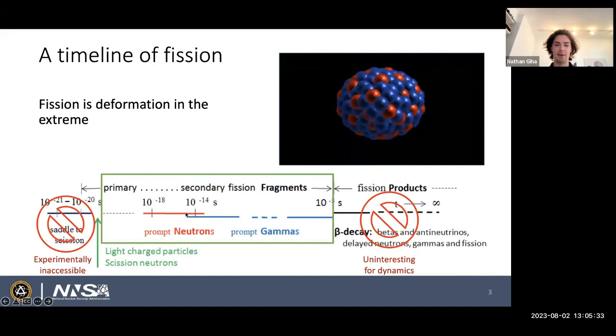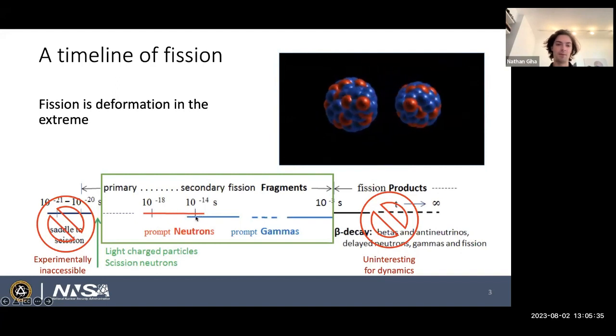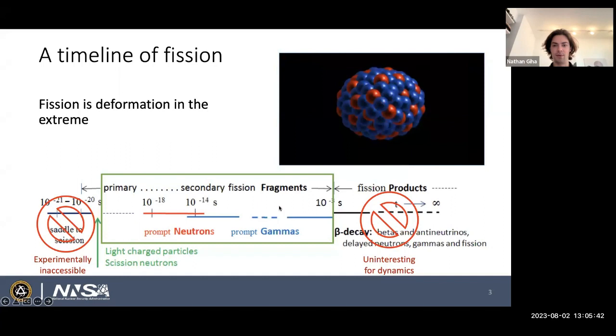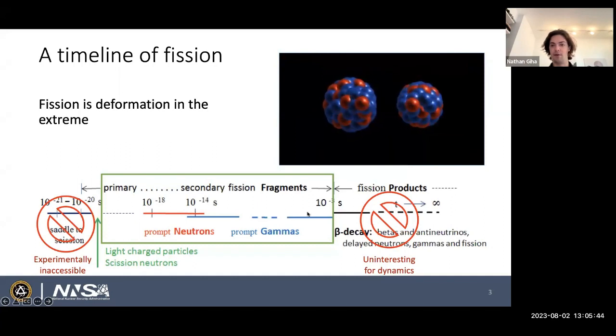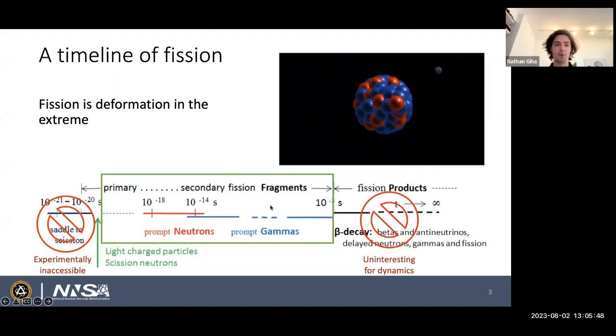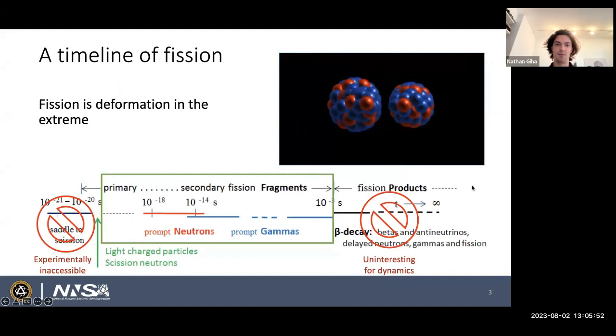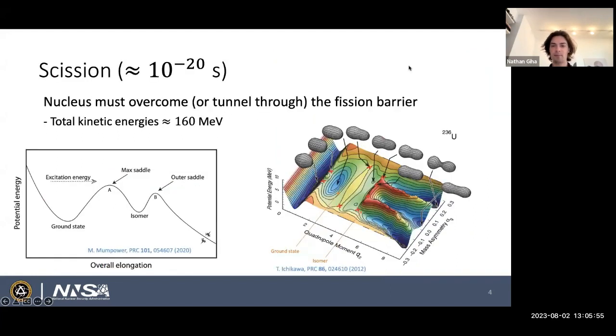By the time a picosecond has passed after scission, we've pretty much emitted all of our neutrons. And then from then on to actually around a nanosecond after, although there are some that are longer lived, we've emitted most of our gammas. So it is pretty fast, not quite as fast as this, but it happens right after for the most part.